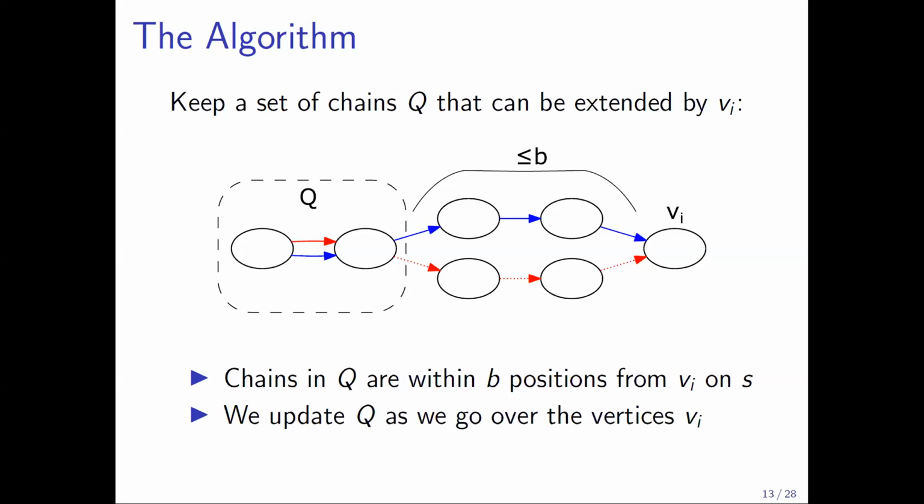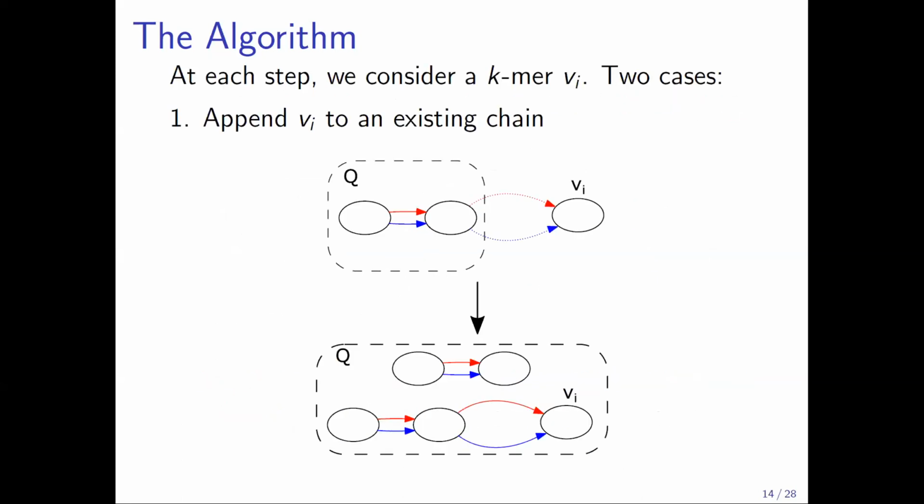Whenever we consider k-mer v_i, we have two possible cases. First, we can append the k-mer or vertex v_i to an existing chain. Here we have a data structure Q that consists of a single chain that forms a bubble in the graph, shown with dashed lines, with the current k-mer v_i. And this way, we can extend the chain in Q with this k-mer.